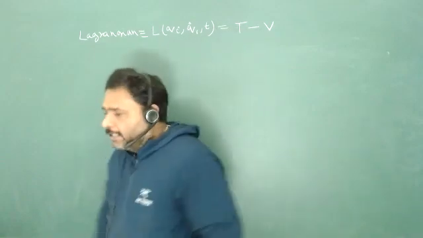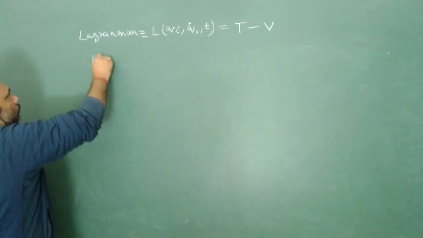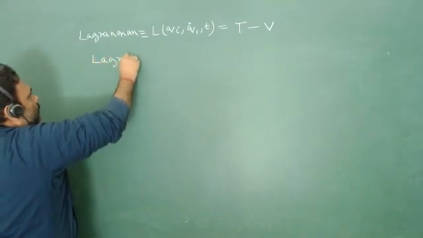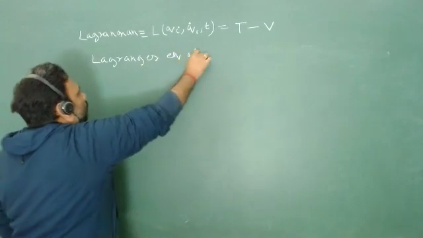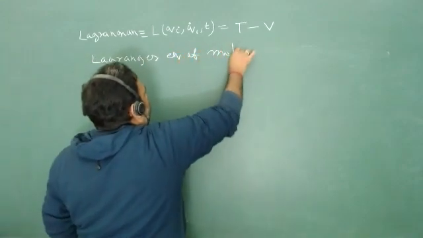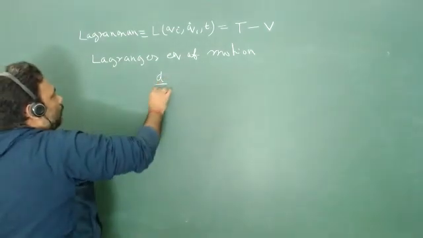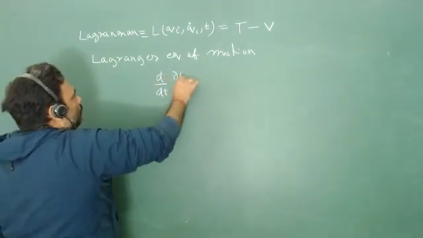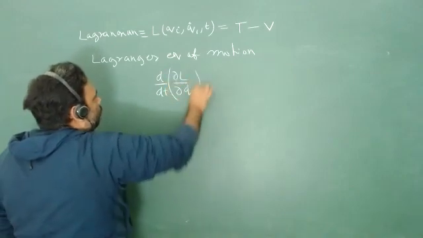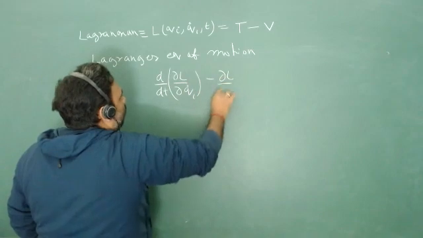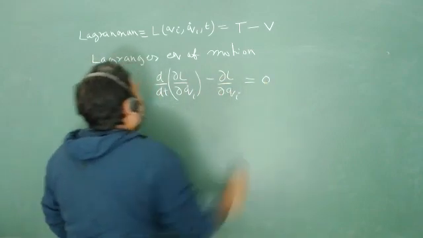And what is Lagrange's equation of motion? Lagrange's equation of motion is given by d upon dt del L upon del qi dot minus del L upon del qi must be equal to 0.